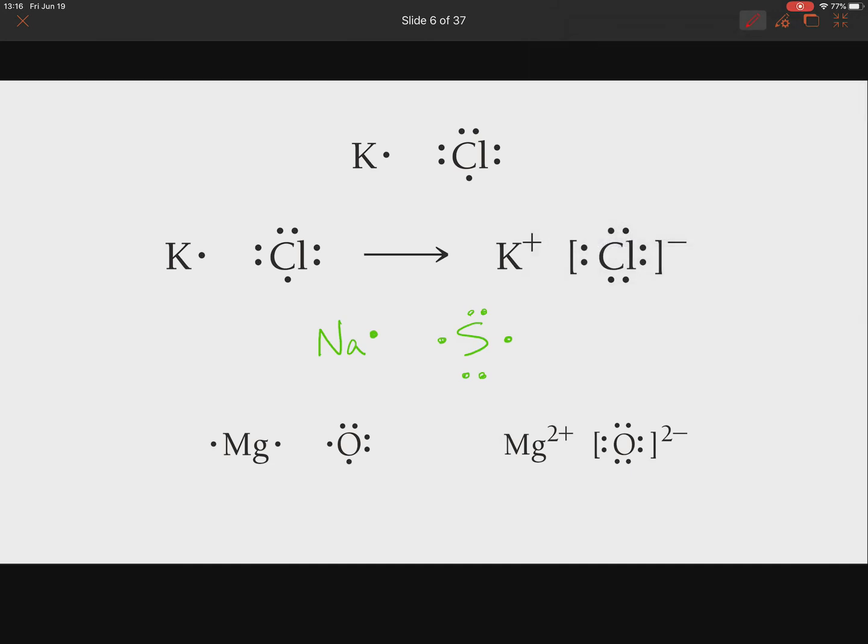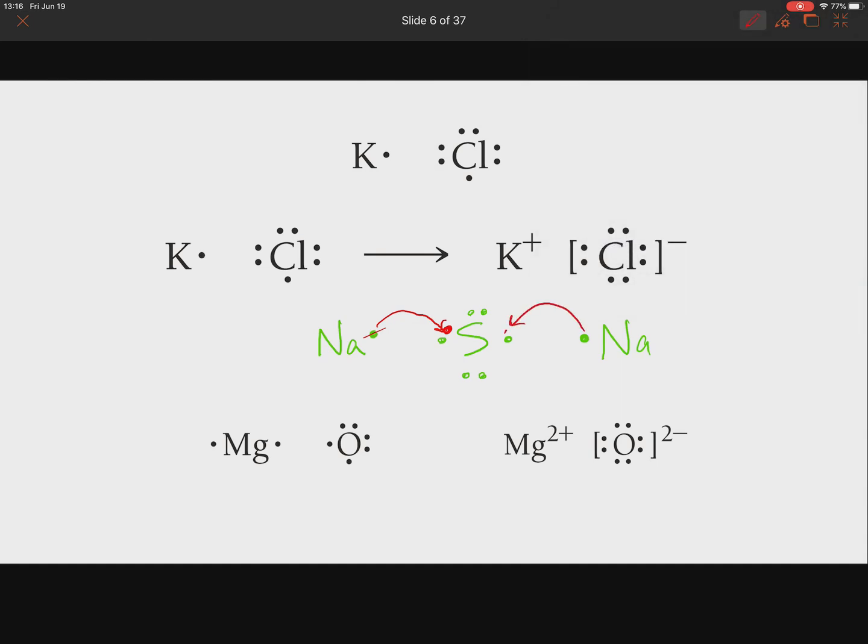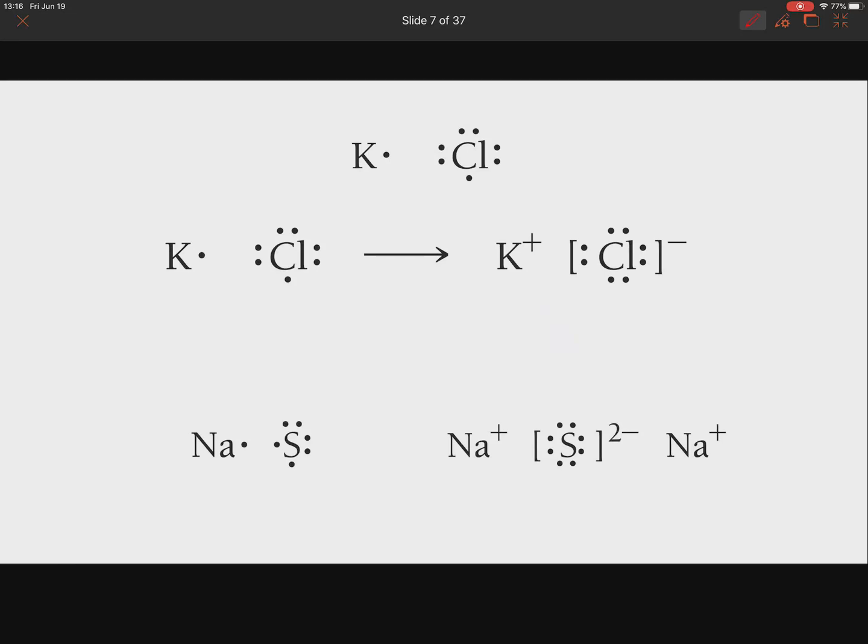And so what will happen is, if you don't have enough electrons with one sodium, you've got to bring in another sodium. And so now the sulfur is satisfied. Sulfur is going to get a 2 minus charge for gaining those 2 electrons.